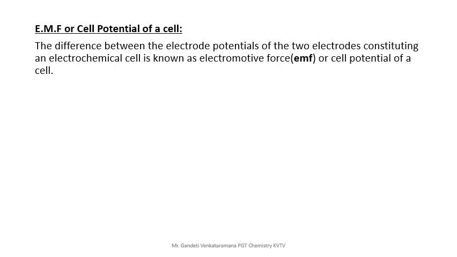Again, the electrode potential definition is different. When a metal is dipped or placed in a solution of its own ions, some potential difference is developed, that is called electrode potential. But while defining the EMF, we are taking electrode potentials of the two electrodes. This is the difference.